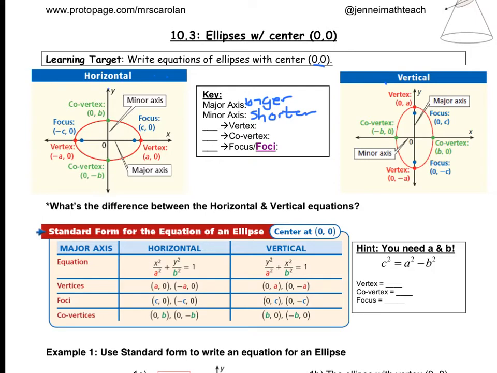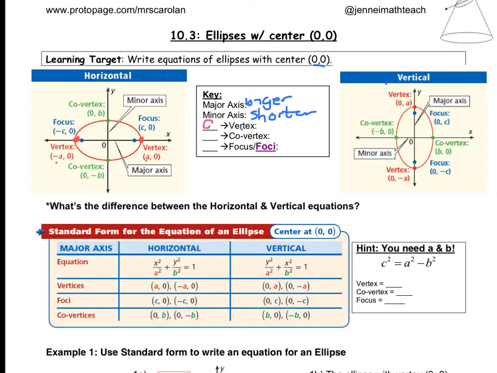Now we need to know what the vertex, the covertex, and the focus are, and we're going to give them each a letter. The vertex is the most important of the points because it's on the major axis. It's a big deal. And it's where the ellipse crosses the major axis. So right there and right there. Since the ellipse is centered, the distance away from 0 is either a or negative a.